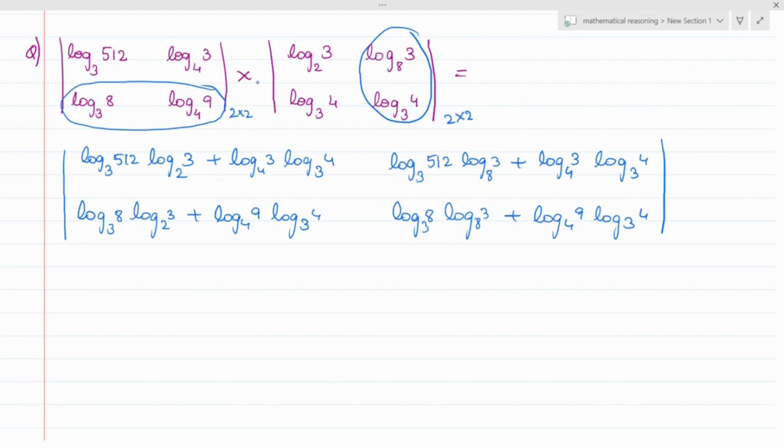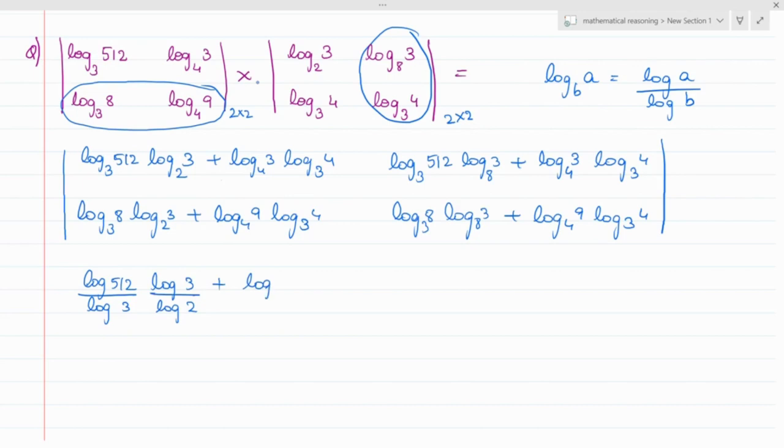So now you need to simplify this. We know a log property, that is log A base B is nothing but log A upon log B. So use this property and simplify over here. So log 512 base 3 is nothing but log 512 upon log 3 and log 3 upon log 2, plus log 3 upon log 4, log 4 upon log 3.